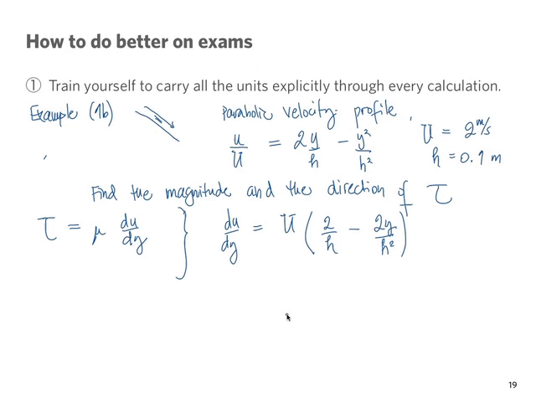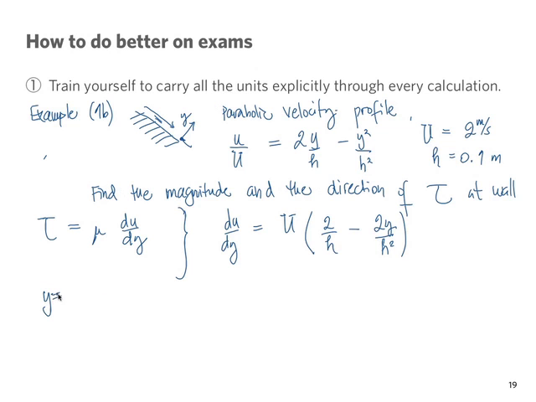Here's my derivative. And you want to find out the shear stress where? Well, at the wall. That's where the friction is happening, right? The friction is what we want to calculate: the magnitude and direction of shear stress at the wall, at the plate. That is, for our problem, the origin of the coordinate system.